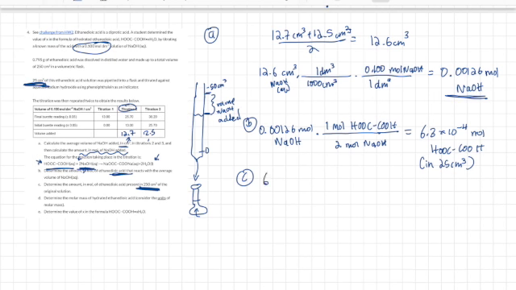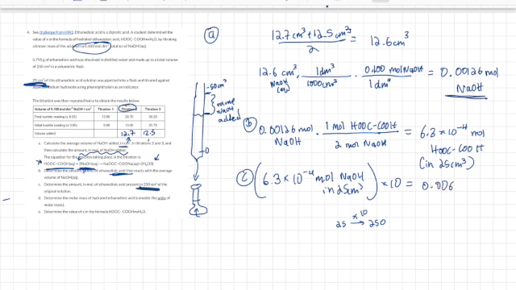So I'm just going to take that amount in 25 cubic centimeters and multiply by 10 to get the amount in 250 cubic centimeters, because to go from 25 to 250, I multiply by 10. So 0.0063, and you can report in scientific notation or not. Either is okay.